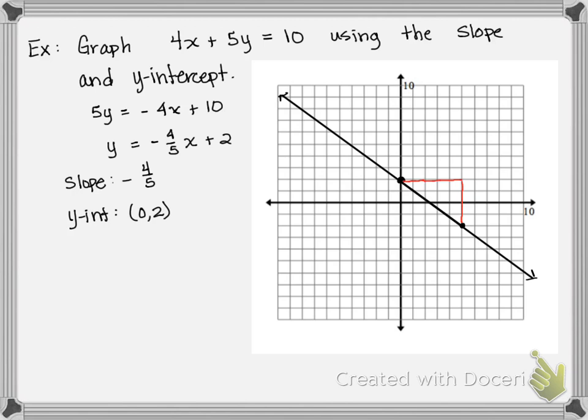Okay, let's talk about some special cases, and then we'll do some applications. Did you guys talk about horizontal and vertical lines on Thursday? Okay, so let's look at a horizontal line first. So let's graph y equals 3.